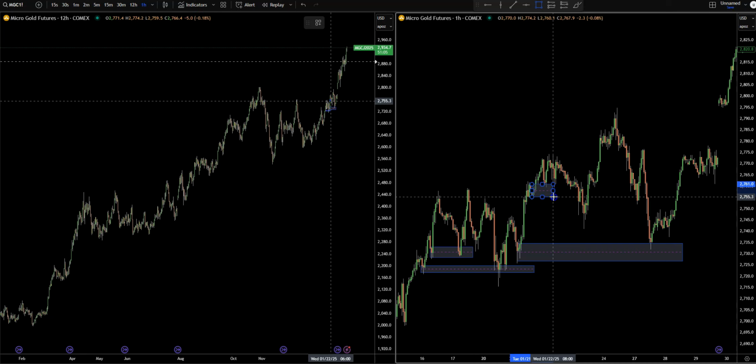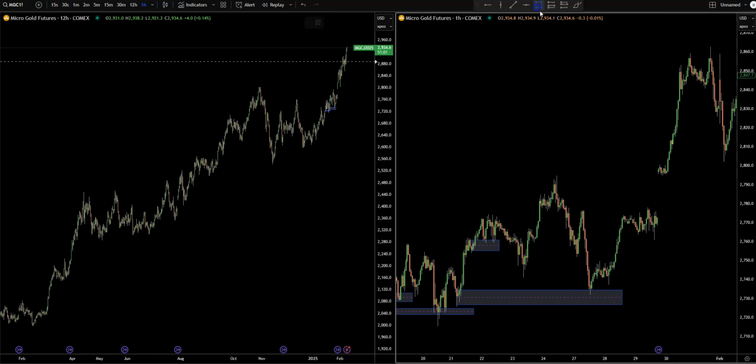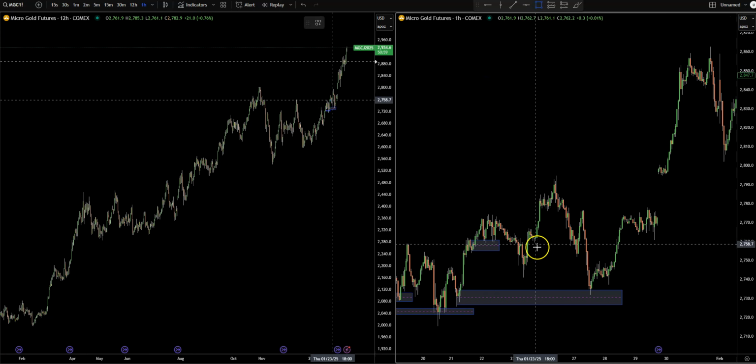Again, you can decide how fractal you want to go with it. Doesn't matter. What matters is you have a clear strategy of which ones you will take and won't take based on your risk reward, your risk profile, your entry mechanisms on your lower time frames.